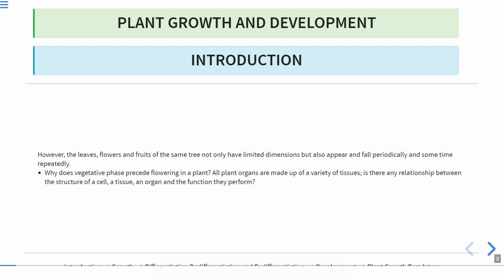Sometimes this is very frequent, and sometimes it occurs periodically. So why does the vegetative phase precede flowering in plants?